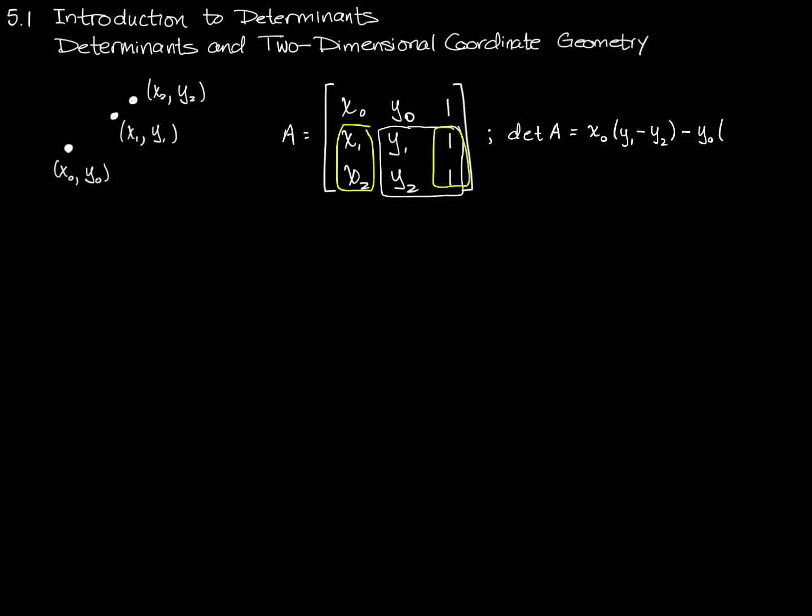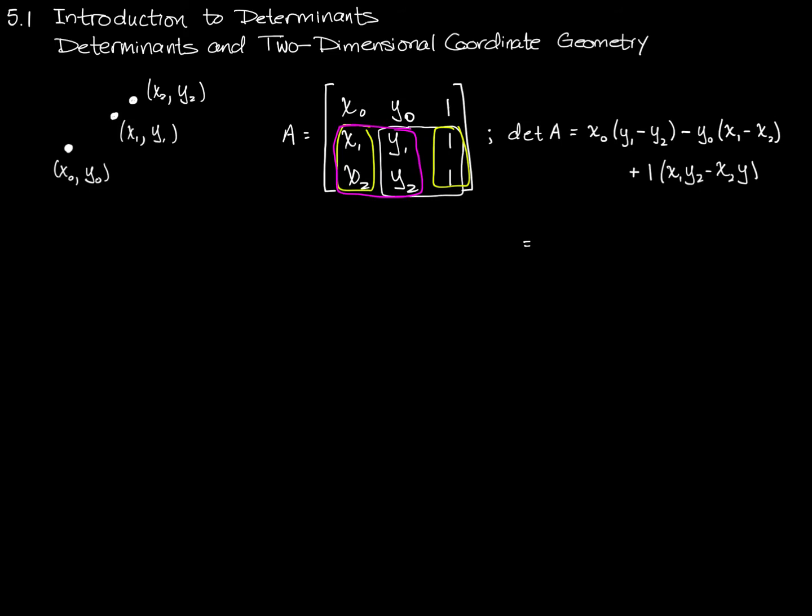I take the determinant of that matrix and I get x1 times 1 minus x2 times 1. Then I'm going to add to that 1, that's row 1, column 3, times the determinant of this matrix. That will be x1 y2 minus x2 y1.